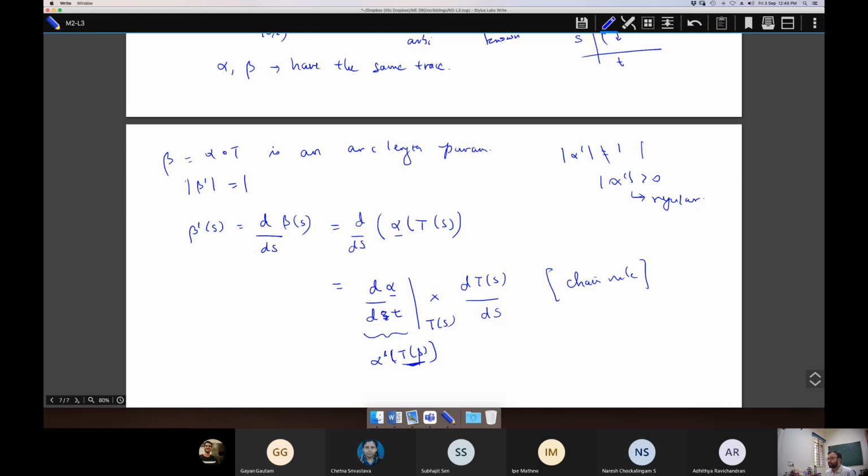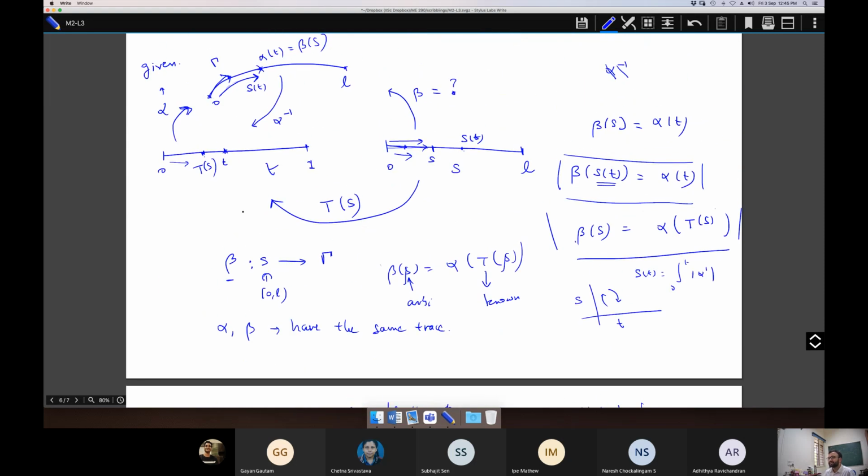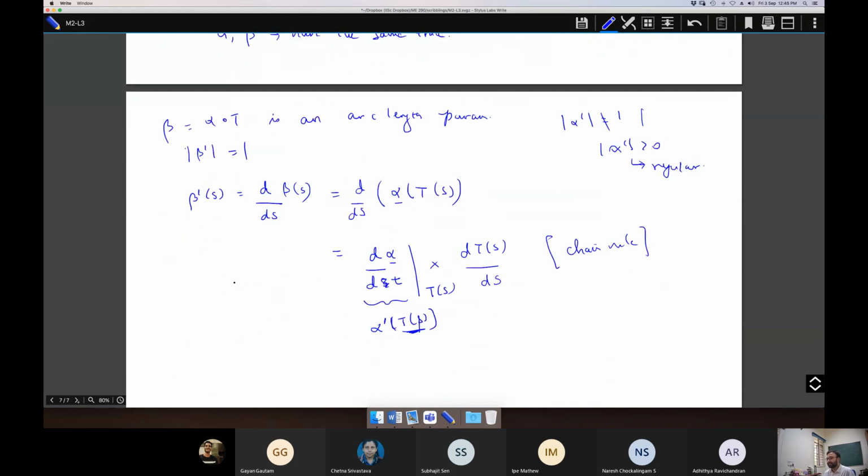Imagine that the unit in t is seconds and the unit in s is meters. You can never feed alpha a variable that has a unit of length. You should feed it a unit of time. In the same way here, anything that goes inside alpha prime should have a t, not an s variable. So that's just a check.